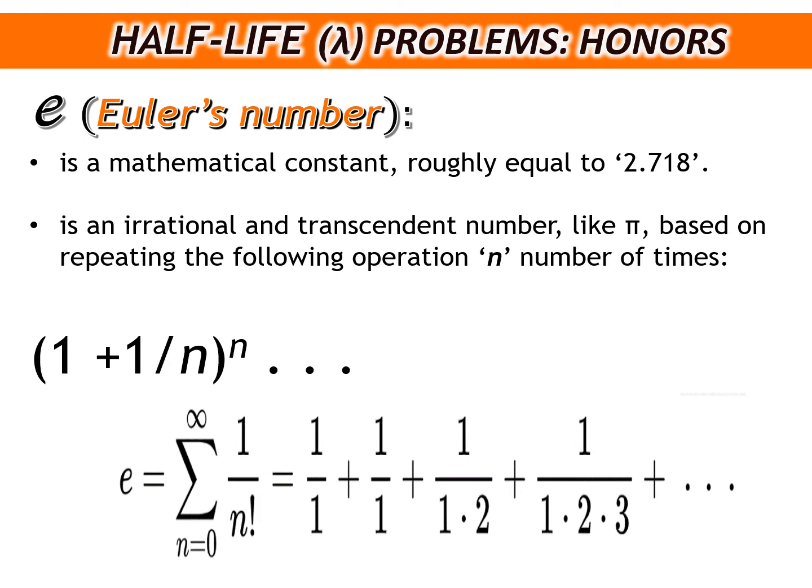How do we get this particular number? By repeating the following operation: (1 + 1/n) taken to the n power. The n is simply the number of times we choose to do this operation, which is multiplication, essentially raising this expression to an exponent.